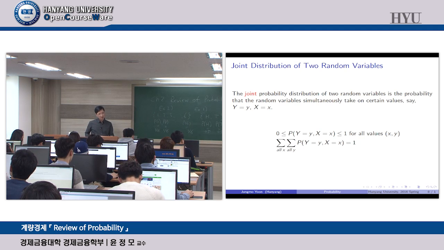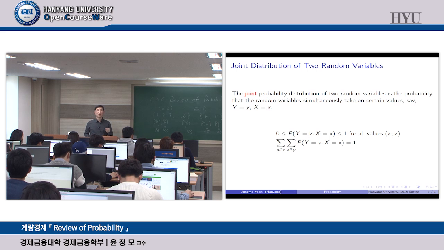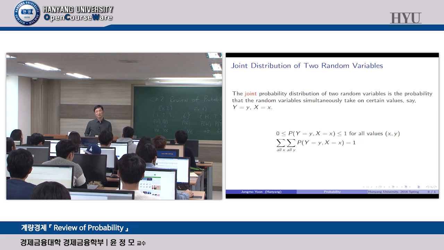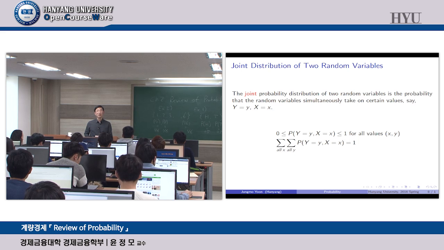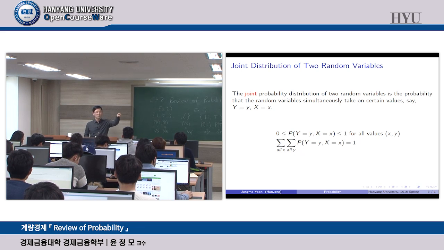Now, what is a joint probability distribution? Sometimes you have more than 1 random variable. Sometimes you can have 2 random variables. Again, the example is the first random variable is people's wages. The second random variable is their age. So why are they random? Because you never know who I'm going to choose. I have 50 students.